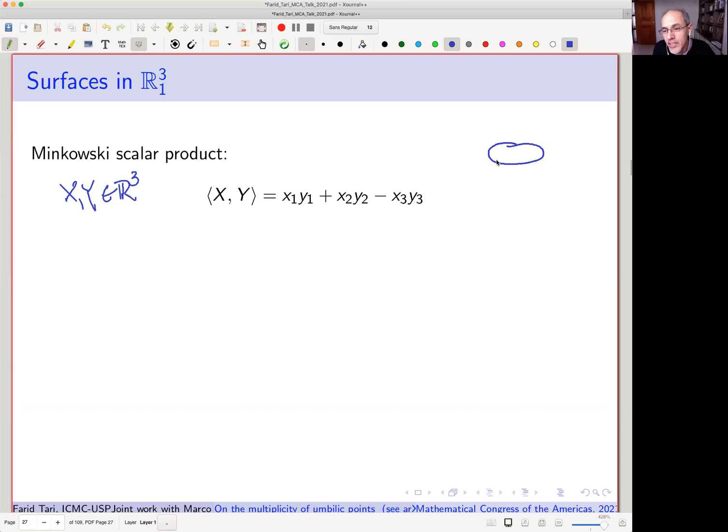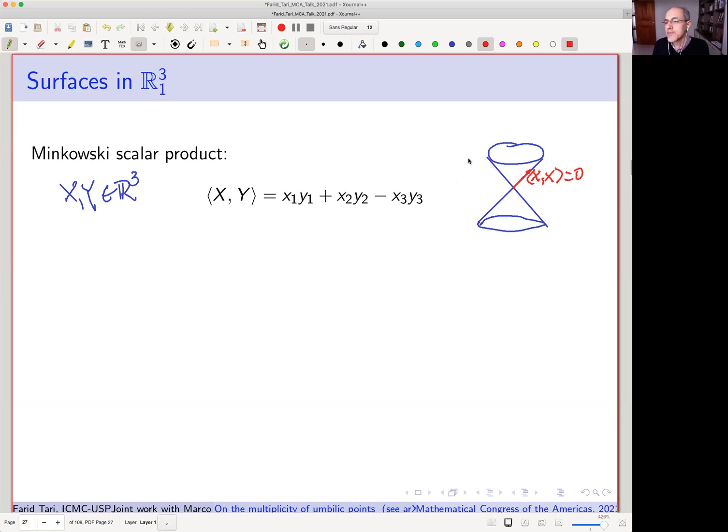Which means what? You get a cone in R3, and for any vector x on this cone, the norm of x is equal to 0.